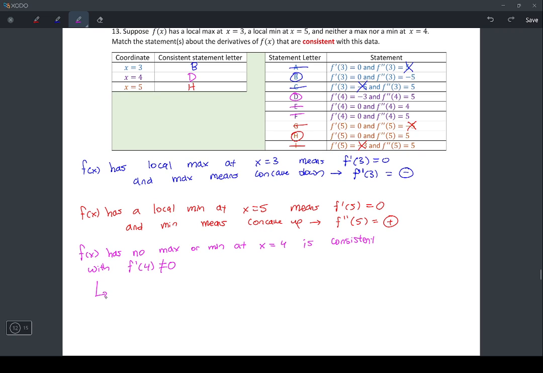As a warning, let's make it specific. Let's say f prime of a is equal to 0, and f double prime of a is equal to 0, then the concavity test is inconclusive.